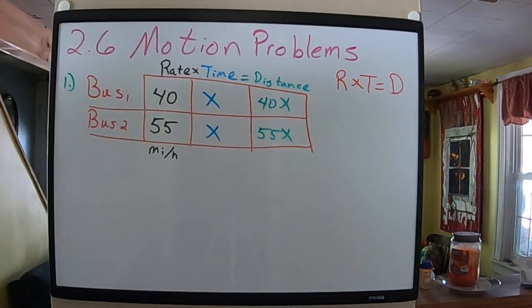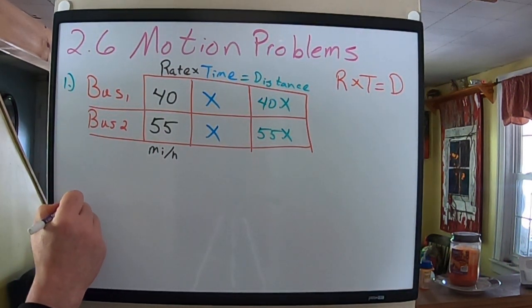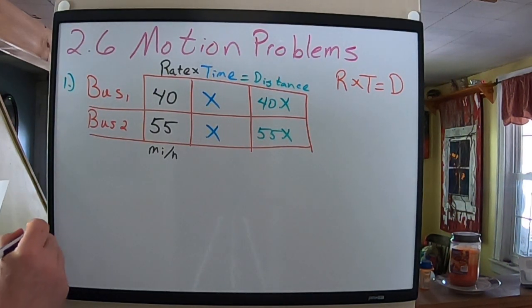All right. So now I need to set up an equation. But before I do that, let's set up a little diagram. We said these were starting at the same time from towns 190 miles apart.